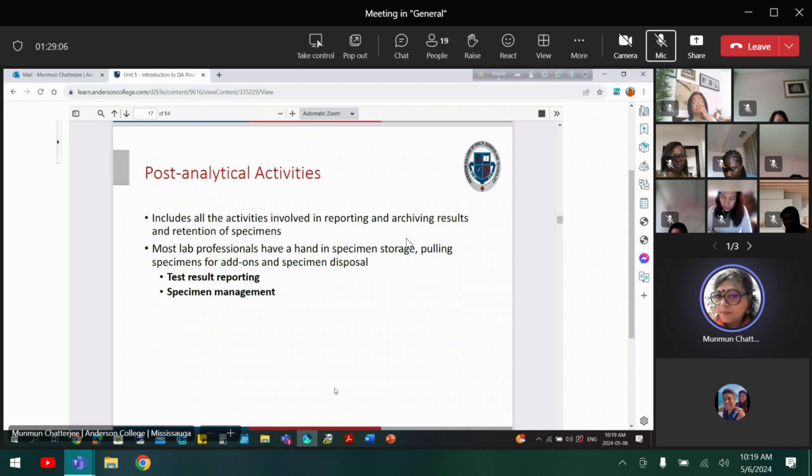Sometimes they need to archive the results and also save the data and retain the specimen in case they need it for retesting or for further comparison. Most lab professionals have a hand in specimen storage, pulling specimens for add-ons and specimen disposal.